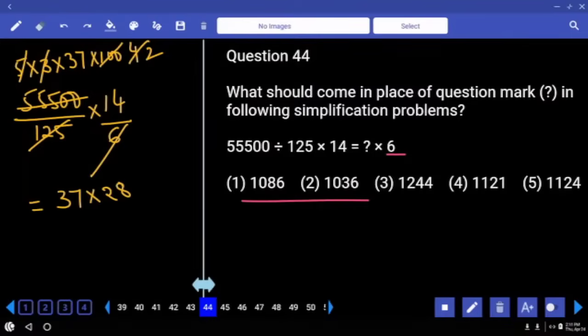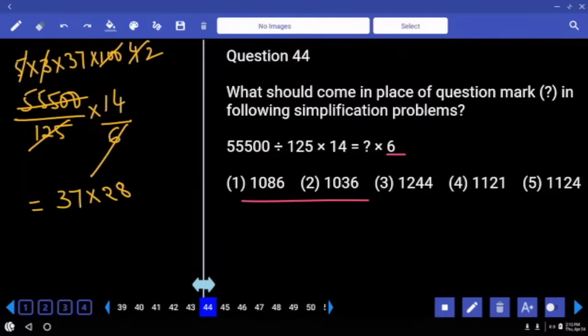Come on. If you observe those two, the first option is a 3 multiple. The second option is a non-3 multiple.